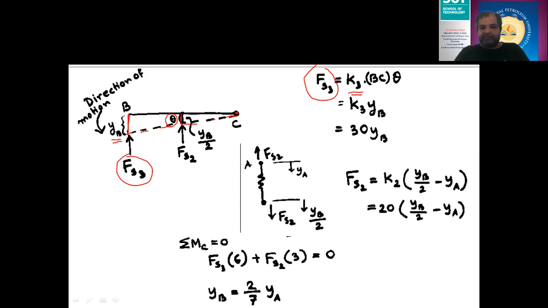What is the value of YB? YB is nothing but this length BC multiplied by theta. So BC into theta gives the value of YB. If I put the value of K3, which is 30 Newton per meter, then Fs3 equals 30 into YB.